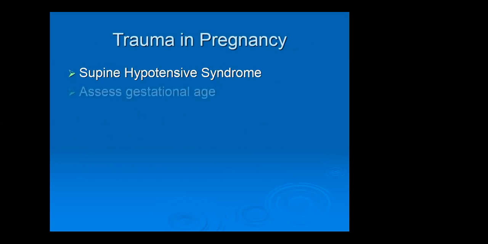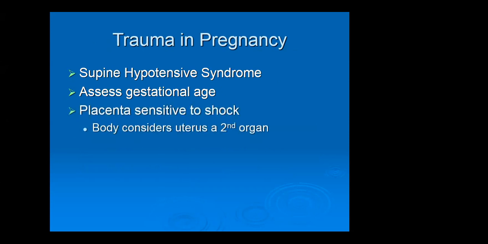Then trauma and pregnancy. Remember your positioning, that's supine hypotensive syndrome. Try to find out what gestational age you're dealing with. Remember the placenta's sensitive to shock, and in that case, the body's going to consider the uterus a second organ.